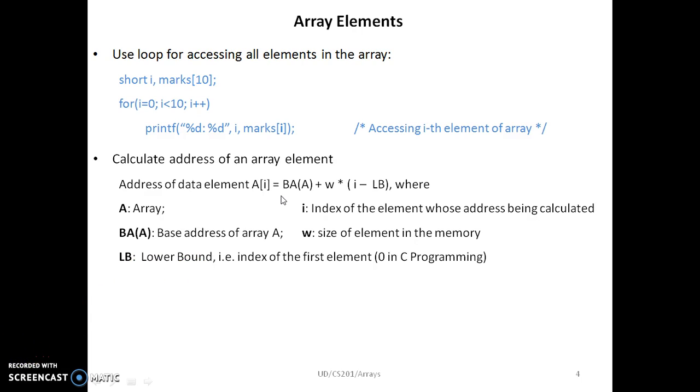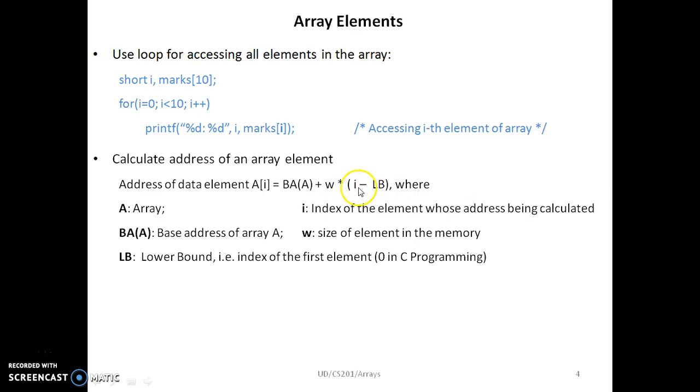The array elements are all stored in consecutive memory locations. So if you are taking a specific array element, say A[i], then you can calculate the address of that element in memory, provided you know the base address or the starting address of the array, and you know the size of each element. Now, if the element type is short, then the size value is going to be 2, which is to be multiplied with how many number of elements before.